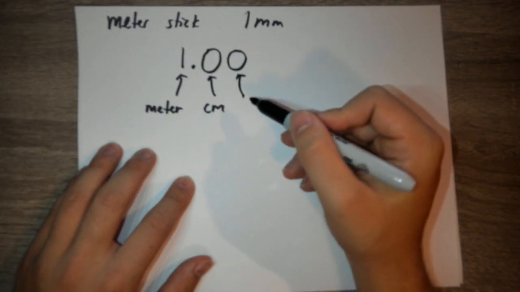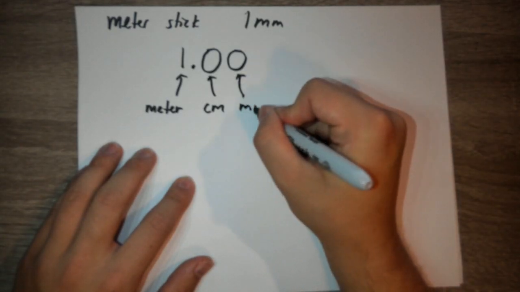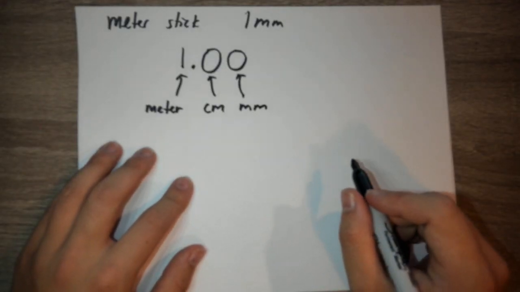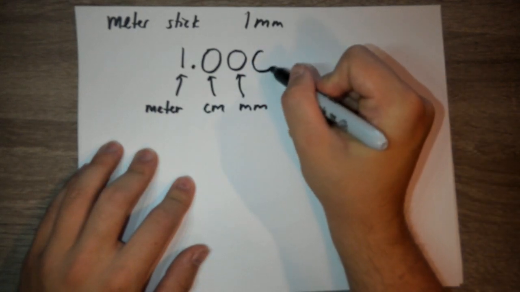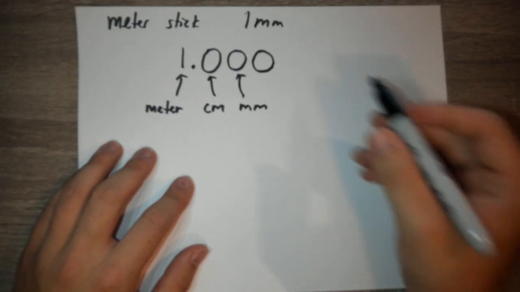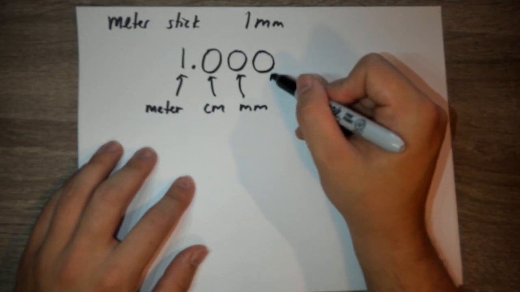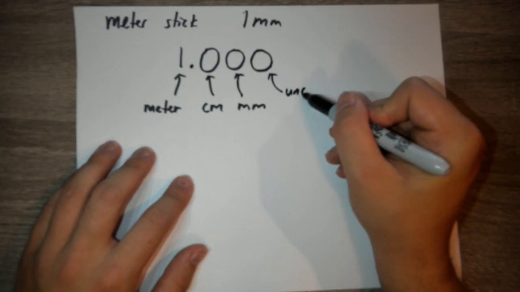So you have another decimal place to signify your millimeters. And then you might think that we stop here, but actually we put one more decimal. And this has to do with our uncertainty.